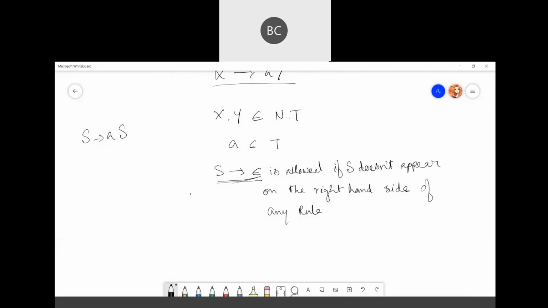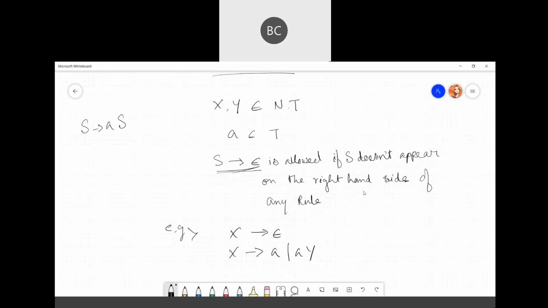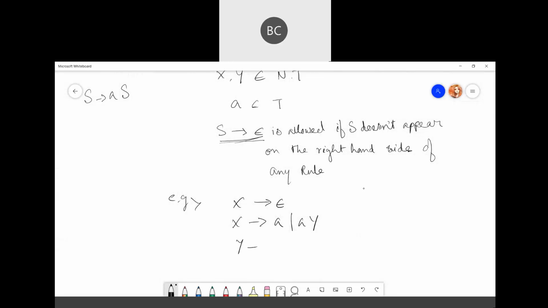For example, you can say X goes to epsilon, X equal to A, or you can go to A Y, this is already included, and Y equal to something. This is the regular grammar. This is allowed because X is not inside. You can also replace it with S, doesn't matter.